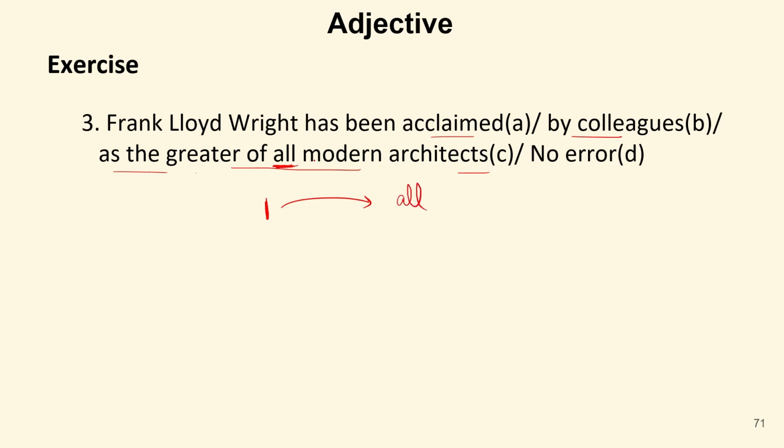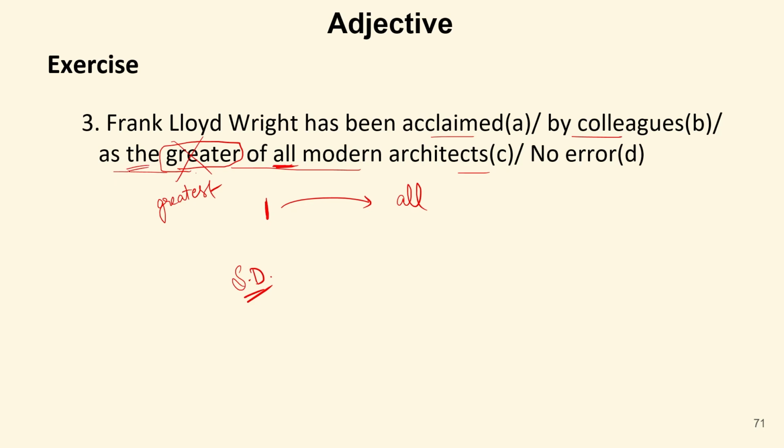Whenever we use the word all, it suggests a superlative degree of an adjective should come over there. Whereas the comparative degree of adjective is used when only two persons are compared with each other. Now here the word greater is incorrect and it should be replaced with greatest, that is the superlative degree of adjective.